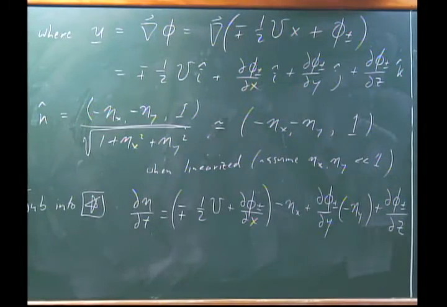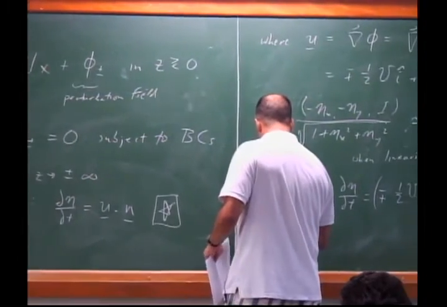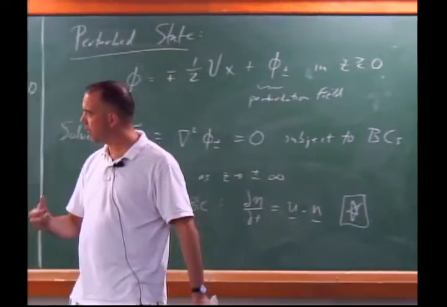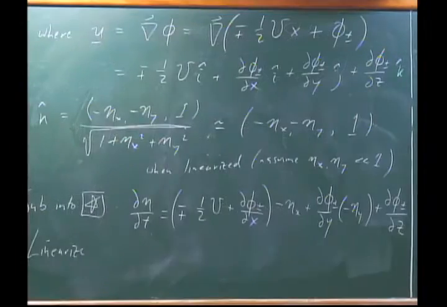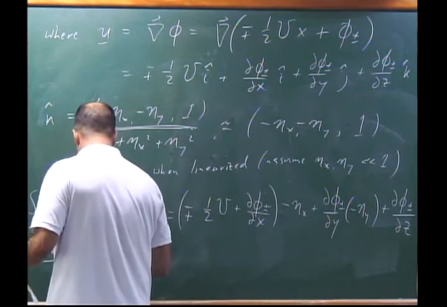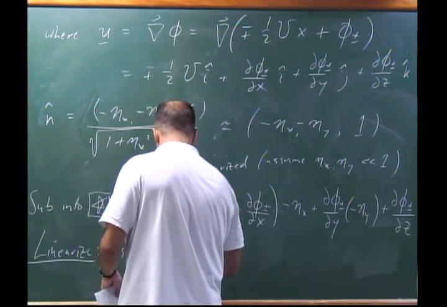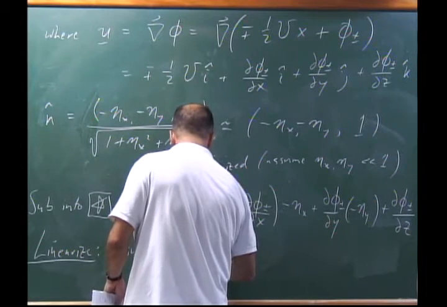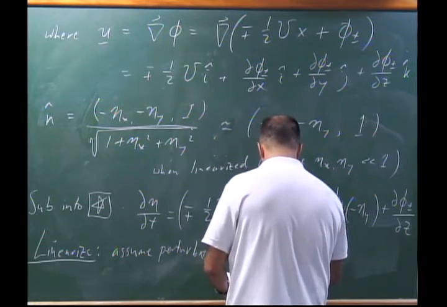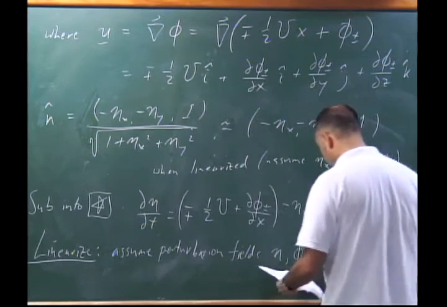Okay, so again, we want to linearize. So all of these disturbance variables, the disturbances from the basic state, the basic state is order 1, all of the disturbances are order epsilon. In linearizing, we're assuming that the perturbations, so our perturbation fields here, are the amplitude and also the variation of the velocity potential.